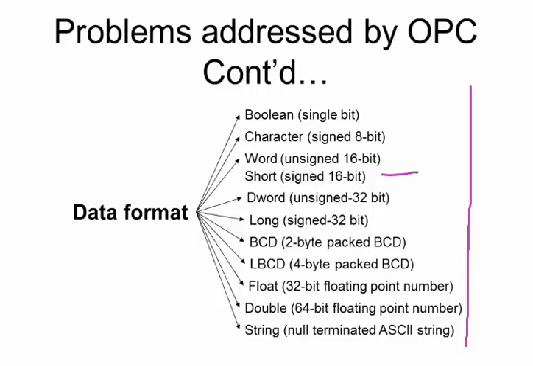The problem is how one person implements a double floating point number might be different to another vendor, and that's in fact the case with things like Modbus. OPC was about tying this down into one standard that would allow people to pass information across the network so that both ends of the pipe understood what was intended by that piece of data.